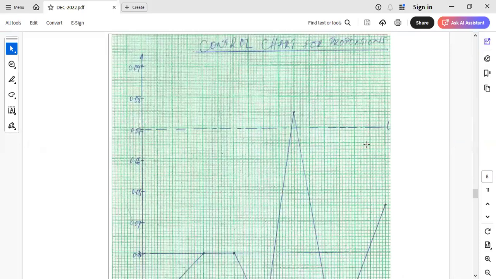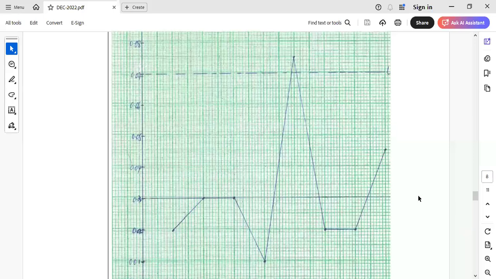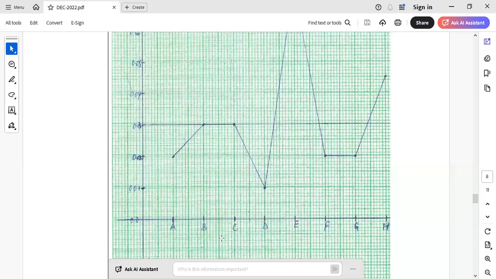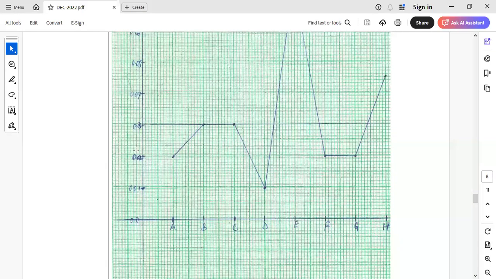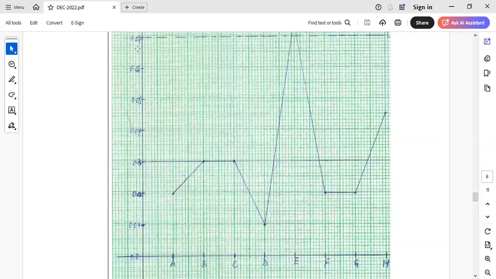Okay, so this is the control chart for proportion. On the vertical axis, you put sample proportion. Then on the horizontal axis, you put your cracks, A to H. Are we together, colleagues? But you must come up with a suitable scale on the vertical axis.